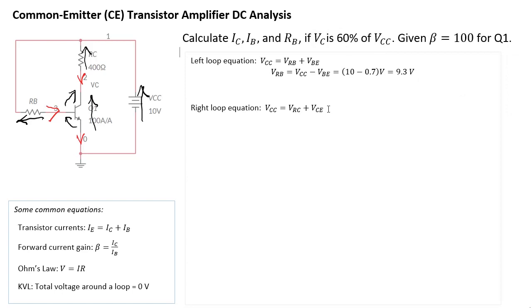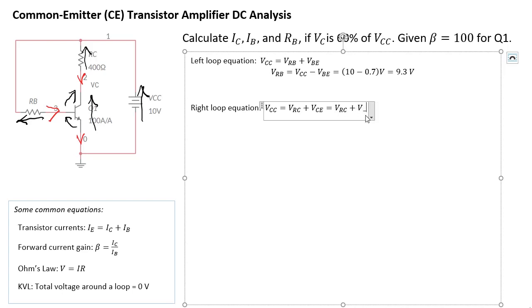So we can figure out what VCE is, because VCE is equal to VC. So this is equal to VRC plus VC, and VC is equal to 60% of VCC. So we know everything and can work out VRC.